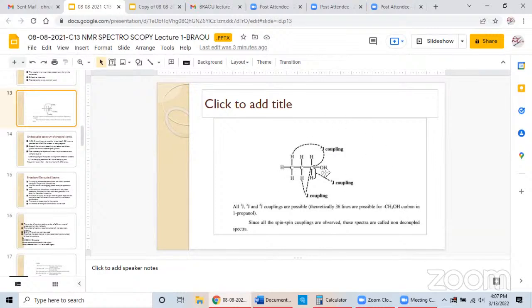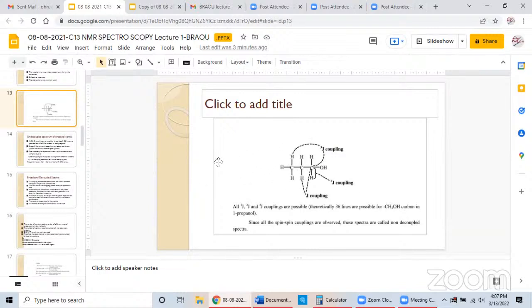All are possible. And if you remember the equation for the number of signals, we'll go back to proton NMR, because most of your basic formulas you learned in proton NMR, but I just want to revise.